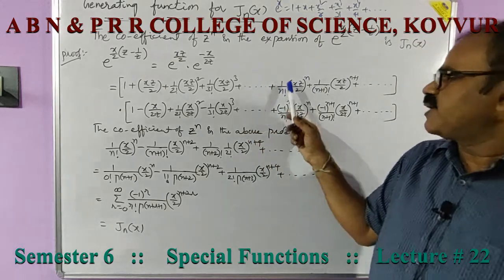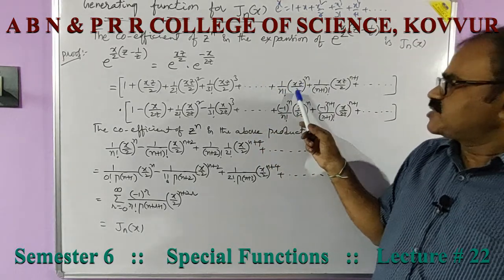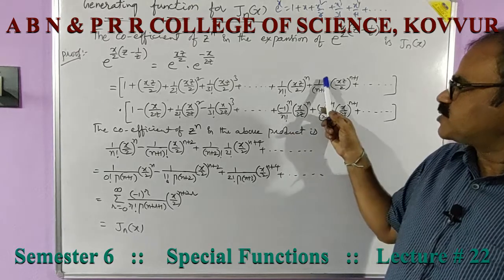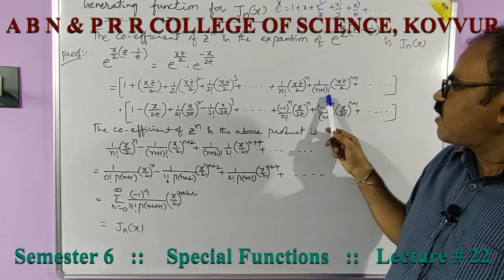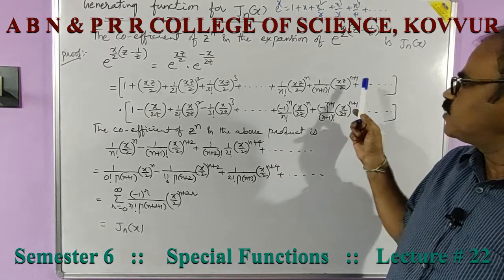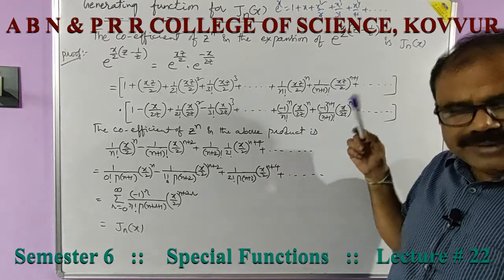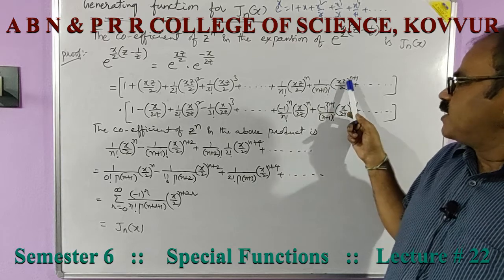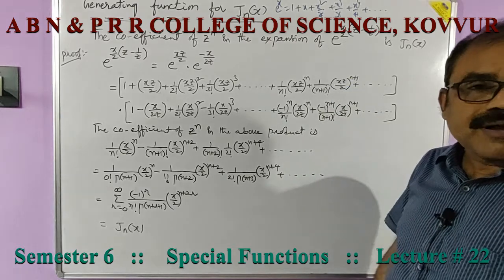The nth term is 1 by n factorial into (xz/2) to the power of n. Next, 1 by (n+1) factorial into (xz/2) to the power of n+1, and going on. What is the next term? 1 by (n+2) factorial (xz/2) to the power of n+2.